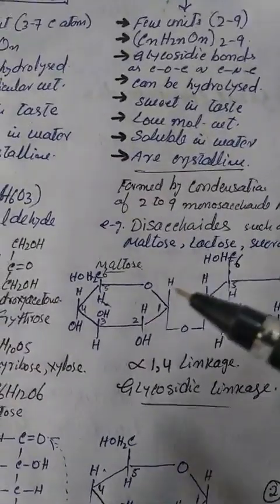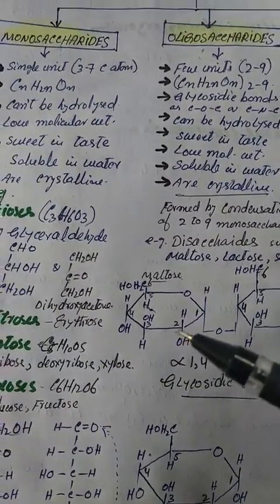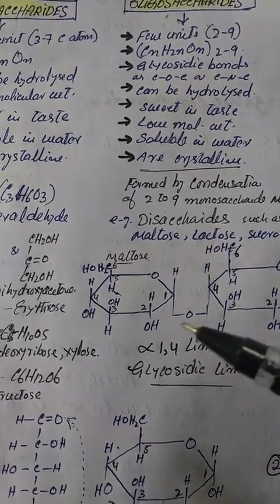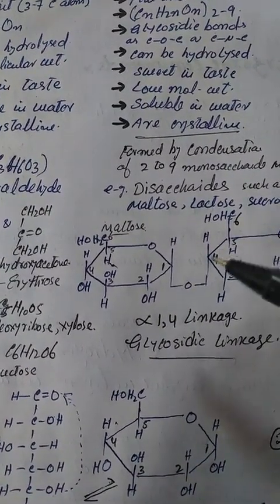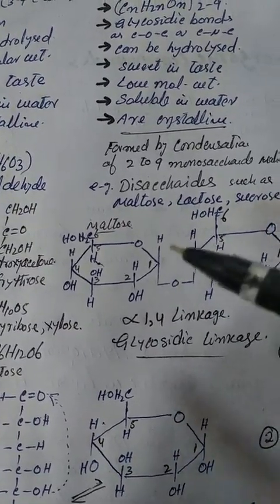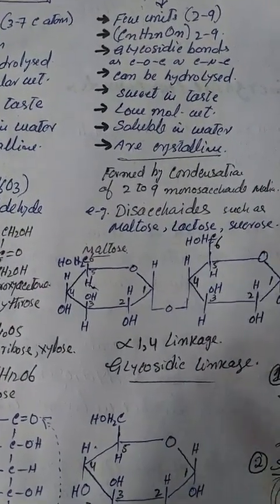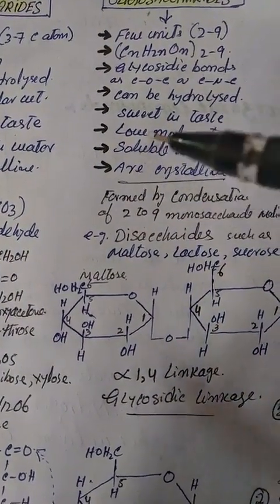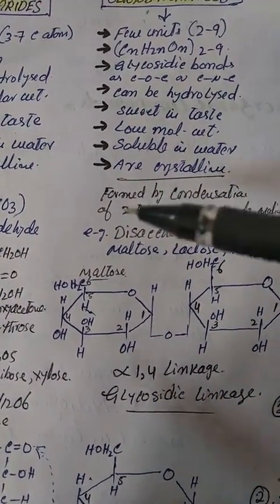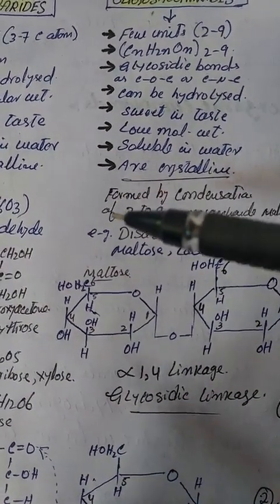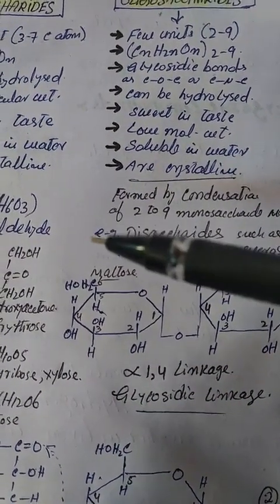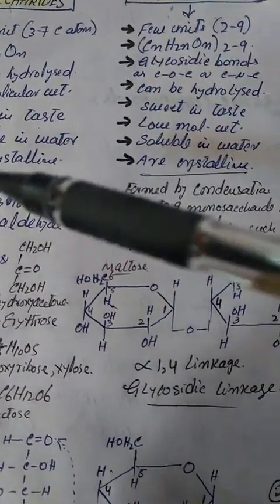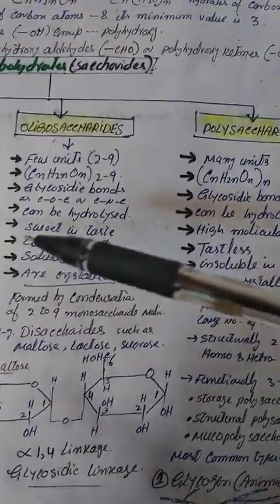These are the two monosaccharide units, and they are linked together through this alpha 1,4 linkage, also known as glycosidic linkage. Oligosaccharides can be hydrolyzed. They are sweet in taste, also low molecular weight and soluble in water, and are also crystalline in appearance like those of monosaccharides.